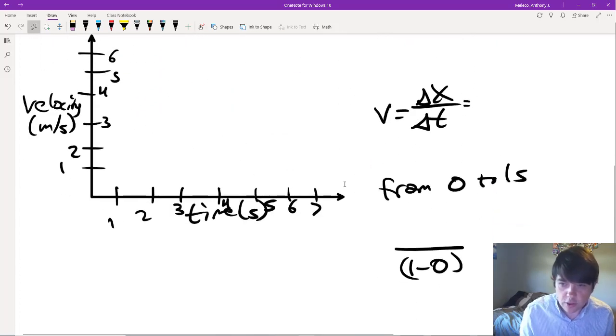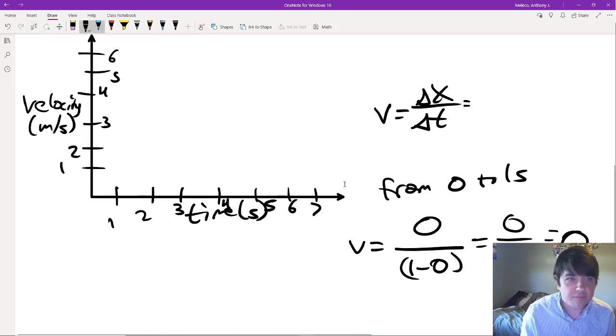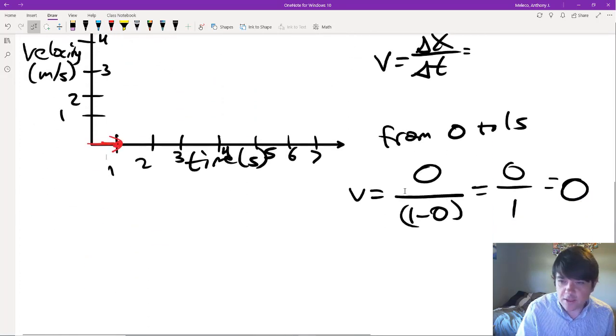We're not changing at all. So 0 divided by 1 is 0. So our velocity for the first second is 0.